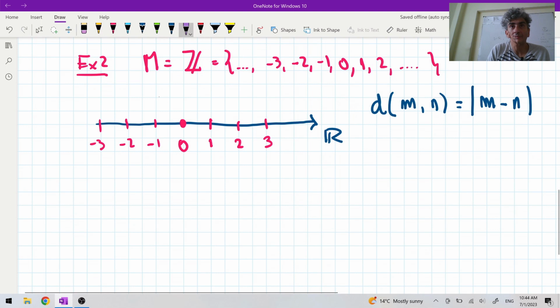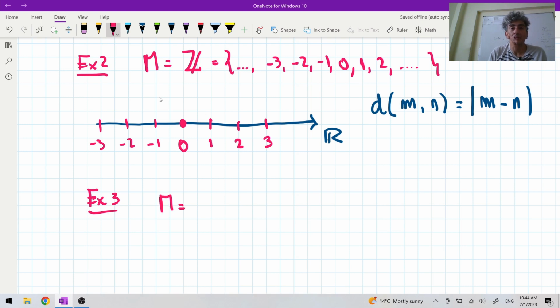For a maybe more complex example, Example 3, we can take a look at the set of continuous functions on a compact interval. This is the set of functions that are continuous.